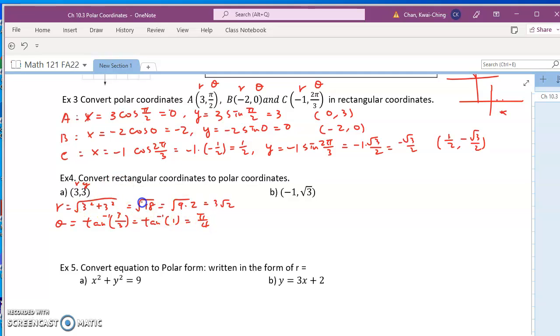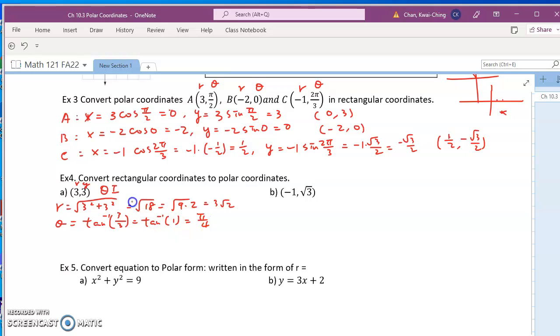Now be careful. If you have -3, -3, your arctangent is still 1, but you would say 5 pi over 4 because it's in quadrant 3. This one is in quadrant 1, right? Quadrant 1 is positive and positive, and also the angle is from 0 to 2 pi, so it's pi over 4.